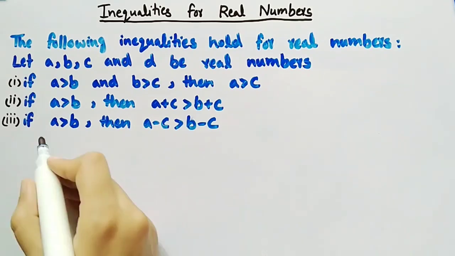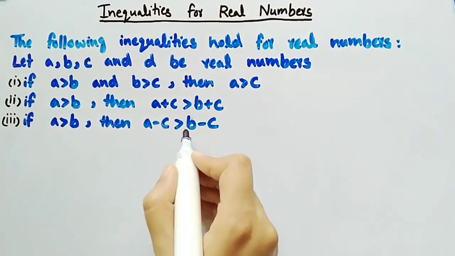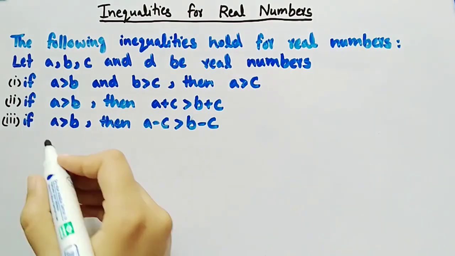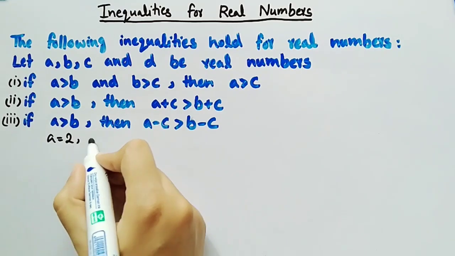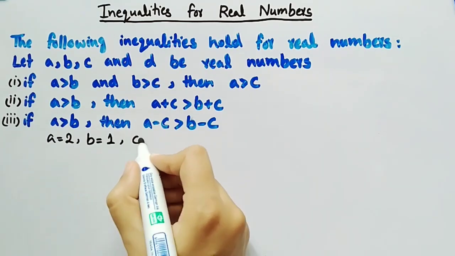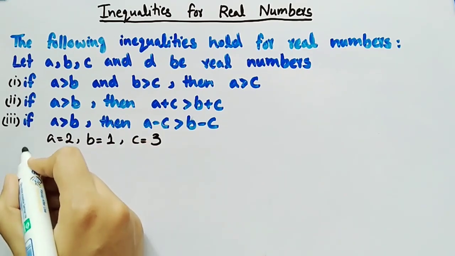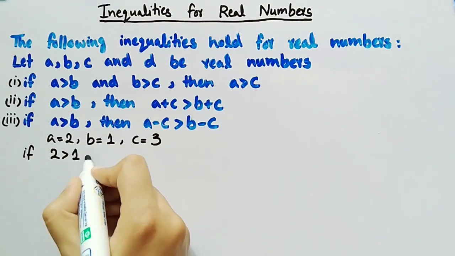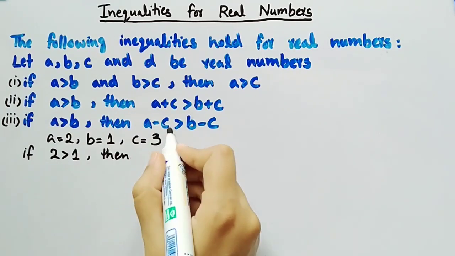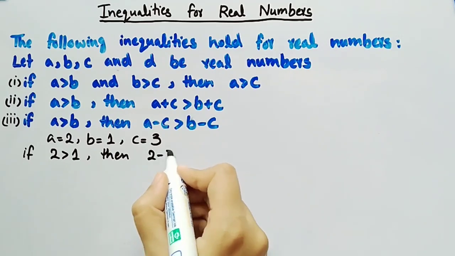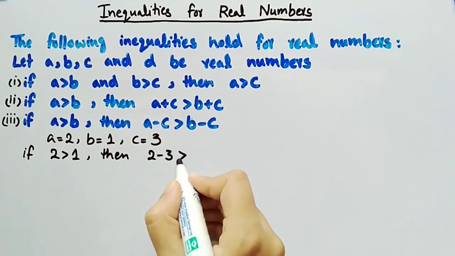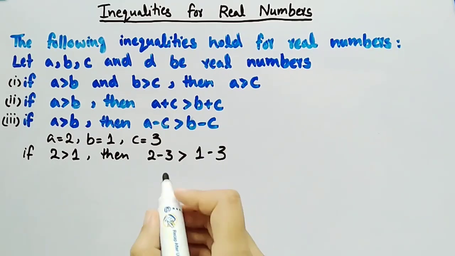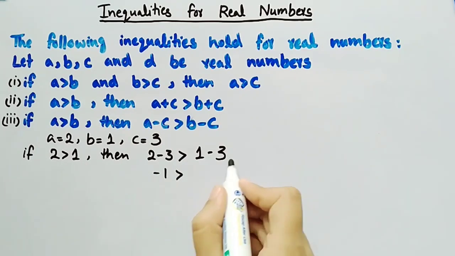The third one is, if A is greater than B, then A minus C is greater than B minus C. If we consider A equal to 2, B equal to 1 and C equal to 3, we can clearly see that if A is greater than B, that is 2 is greater than 1, then A minus C, that is 2 minus 3, is greater than B minus C, that is 1 minus 3. 2 minus 3 is equal to minus 1 and 1 minus 3 is equal to minus 2.